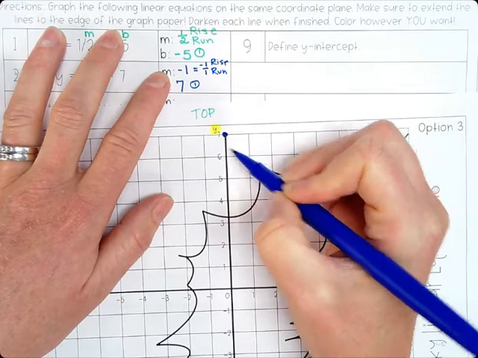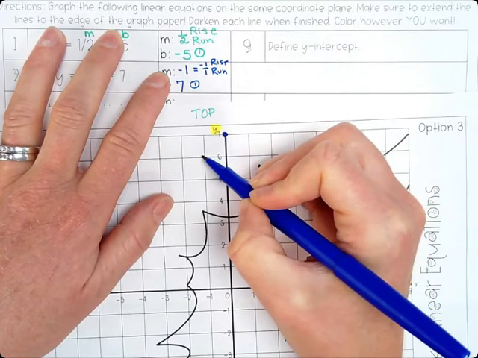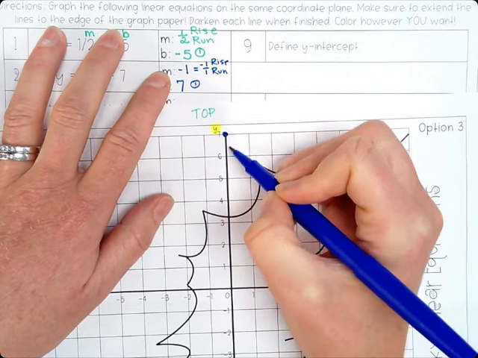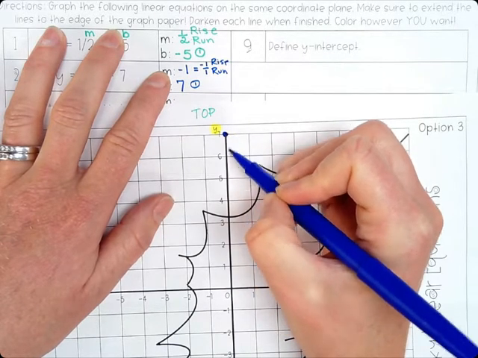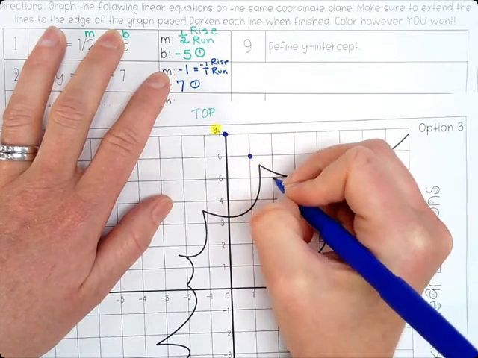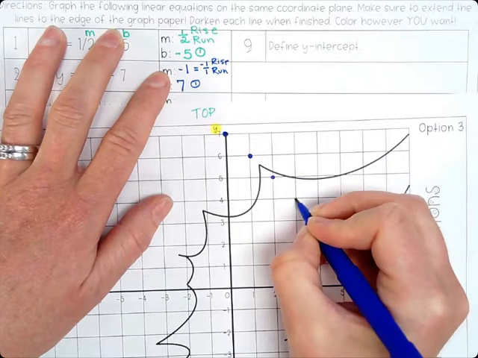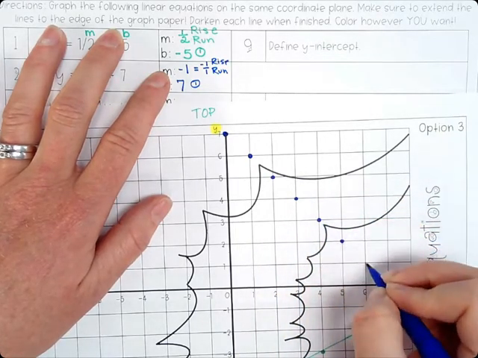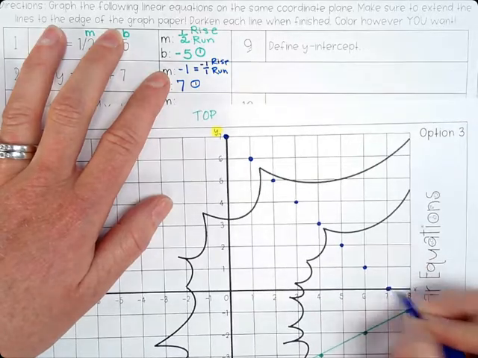Go right. If I go down 1 and left, that makes a positive line. It's going uphill. I have to follow down 1, right 1. Down 1, right 1. Keep on following that same pattern.